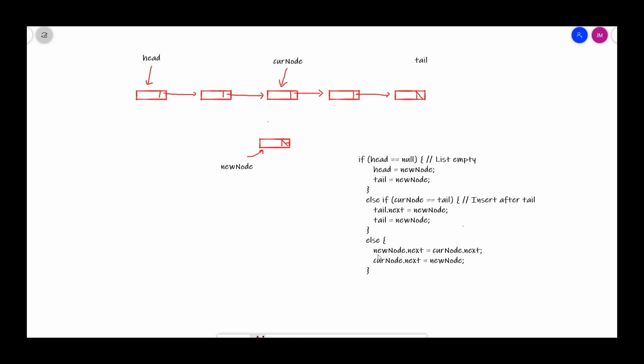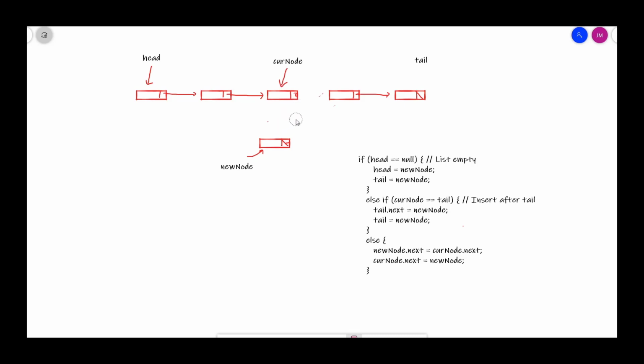But without that, if you interchange these two, then you would say current node.next is new node. So this now points here and not here. And now you want to say new node.next, you want it to point to this one, but you have no way of referencing this node. So you need to be real careful the order that you do things in.